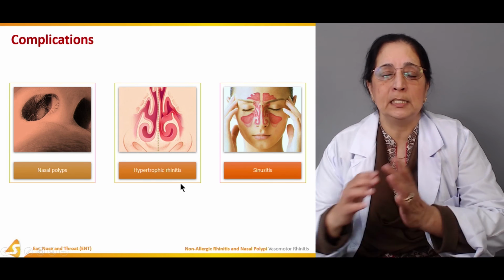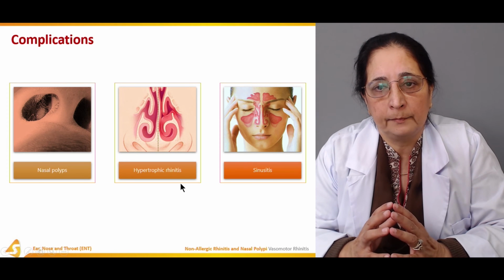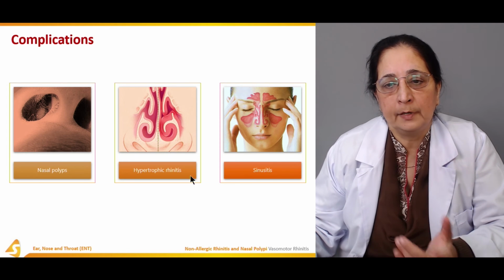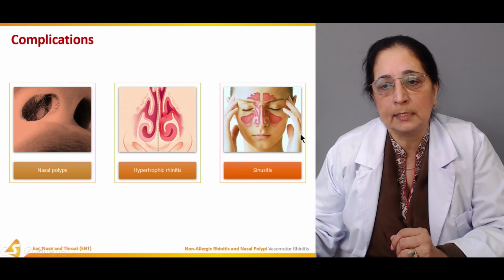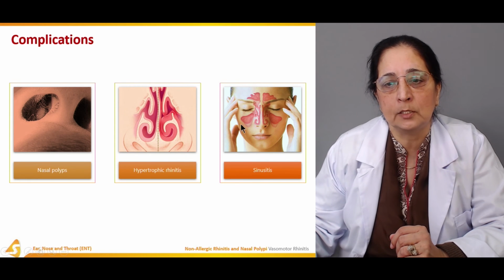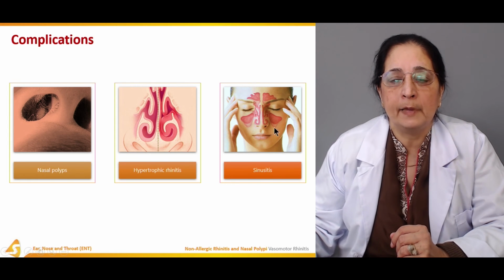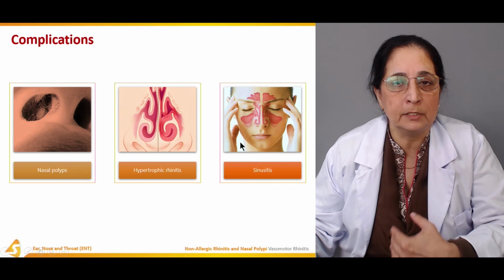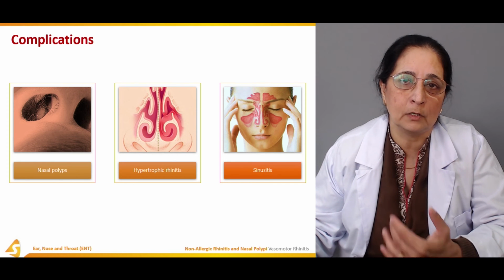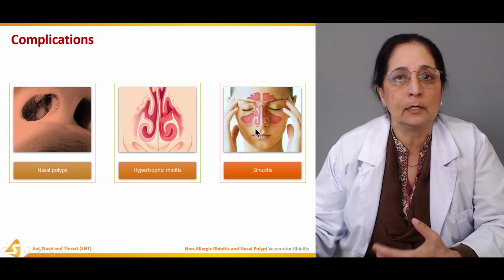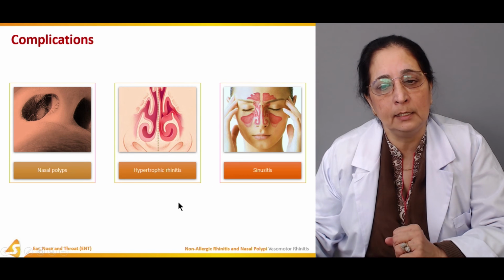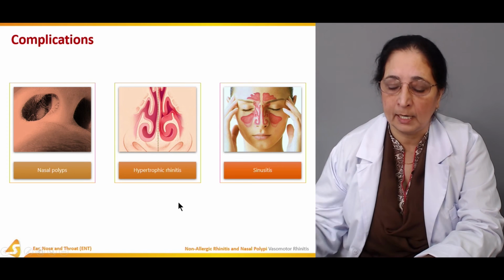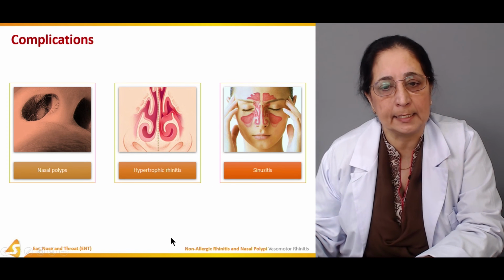Sinuses are empty spaces filled with air. We have different sinuses: frontal, ethmoid, and maxillary sinuses. When these sinuses become inflamed or infected, causing sinusitis, it is a common complication of vasomotor and different other types of rhinitis.